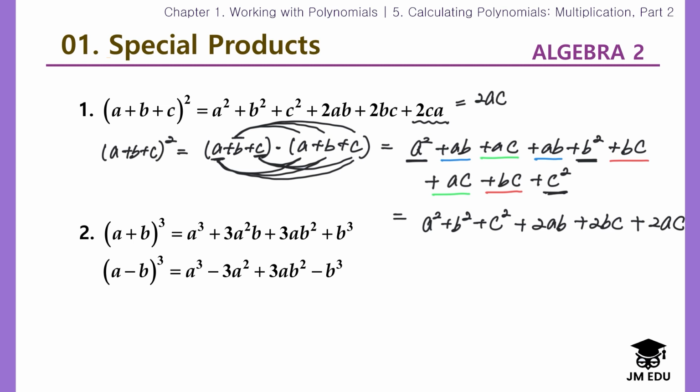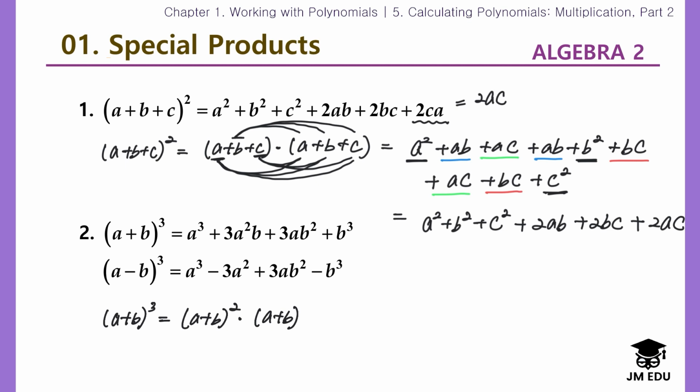I'm going to show you why we have this expression when we expand it. Okay, so let's look at (a + b) cubed. That's actually (a + b) squared times (a + b), or we can say that's (a + b) times (a + b) times (a + b).